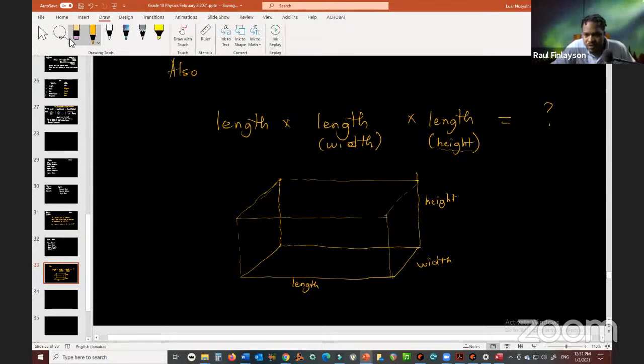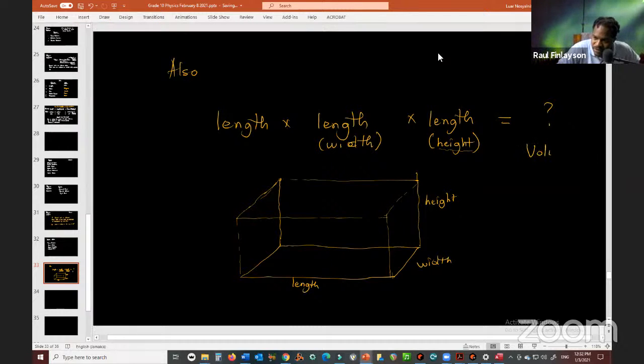So that's the thing. Let's see, the eraser there. So all right. Anyway, the point is that you're going to have length. So you have length times width times height, and that has a name. After almost 4 years of school, you don't know that.